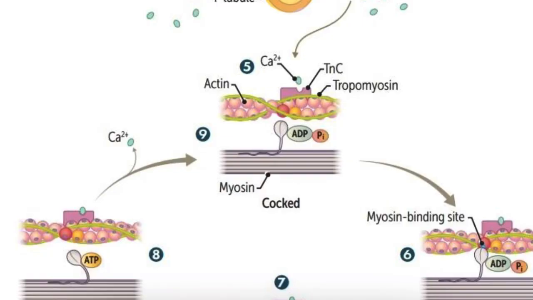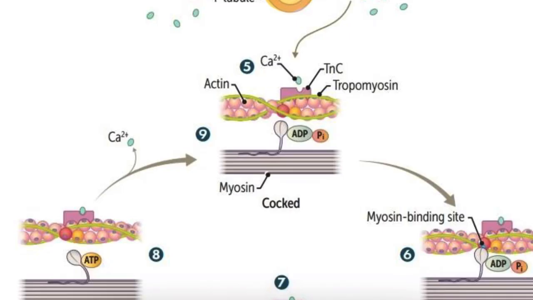Two major pumps remove cytoplasmic calcium. How? First one, the sarcoplasmic endoplasmic reticulum calcium ATPase, which pumps calcium back into the sarcoplasmic reticulum using ATP. Next one, NCX, the sodium calcium exchanger. It pumps calcium out of the cell in exchange for 3 sodium in and 2 potassium out, passively using the sodium gradient.